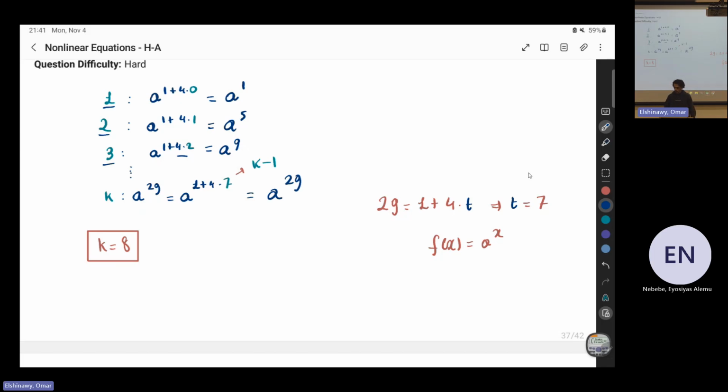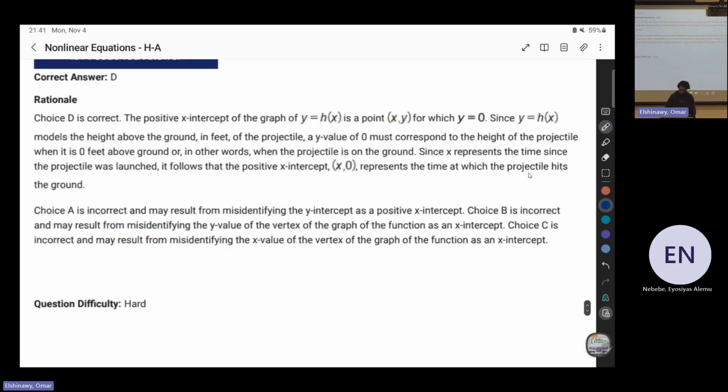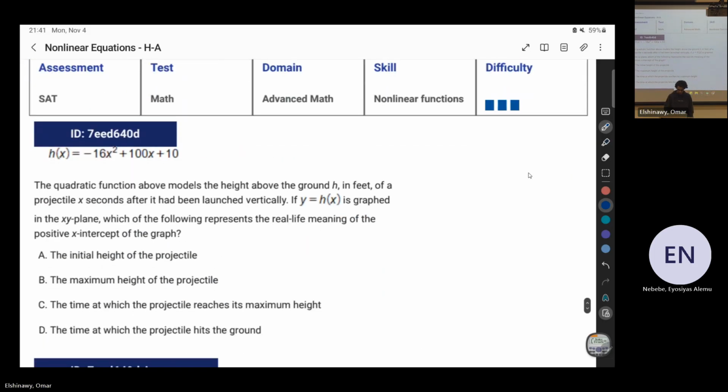And so when you finish all of this, at step k, you're multiplying by k minus 1 of the exponent. And in that case, this k minus 1 is 7. So in that case, you would conclude that k is equal to 8. Just a quick overview.